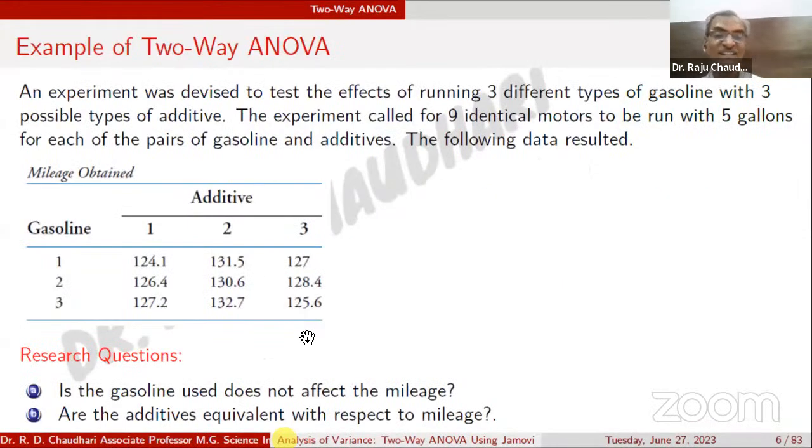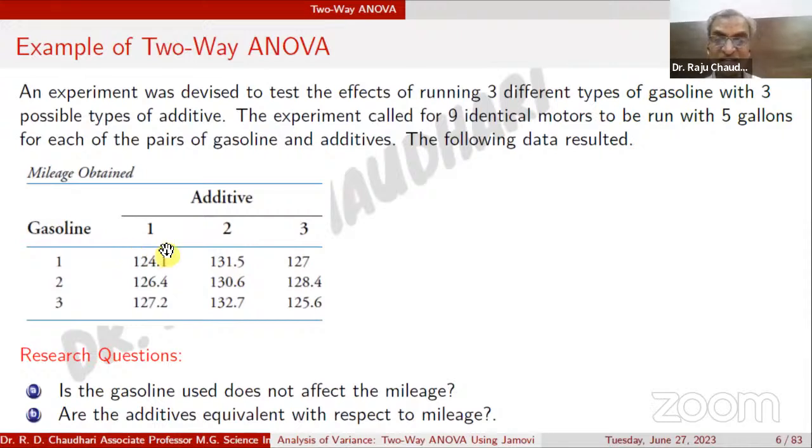So look at this. Now this is the data. In this example, all these numbers, 124.1 and so on, are the dependent variable, mileage. That mileage depends upon the type of gasoline, and the mileage also depends upon the type of additive.